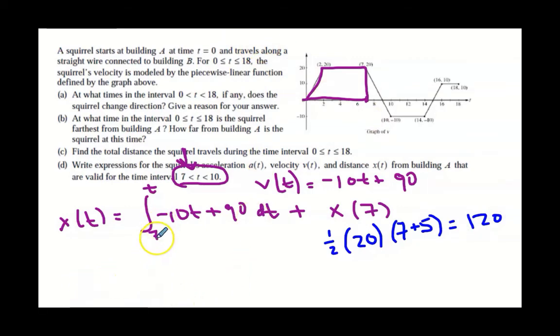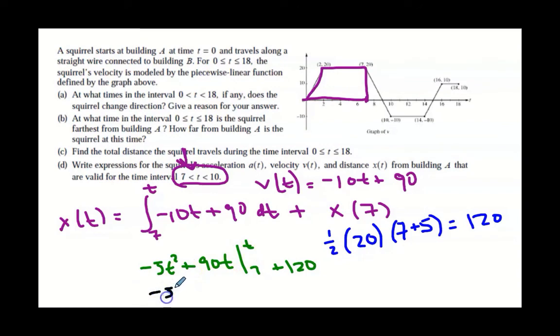Now, of course, I need to integrate here from 7 to t this velocity function. So when I integrate negative 10t plus 90, I get negative 5t squared plus 90t, and I'm going to evaluate that from 7 to t, and of course I'll add to it the 120 initial position. Moving onward, I'm going to evaluate using the fundamental theorem of calculus part 1, plugging in t first and then 7.